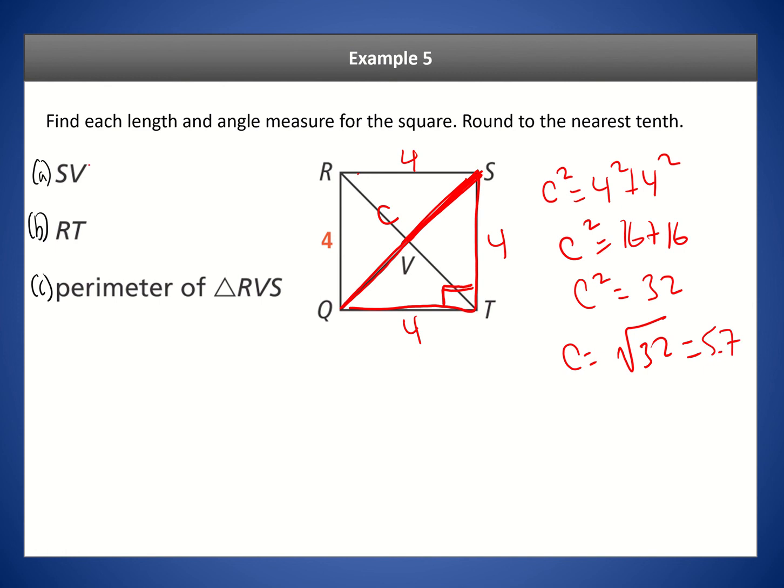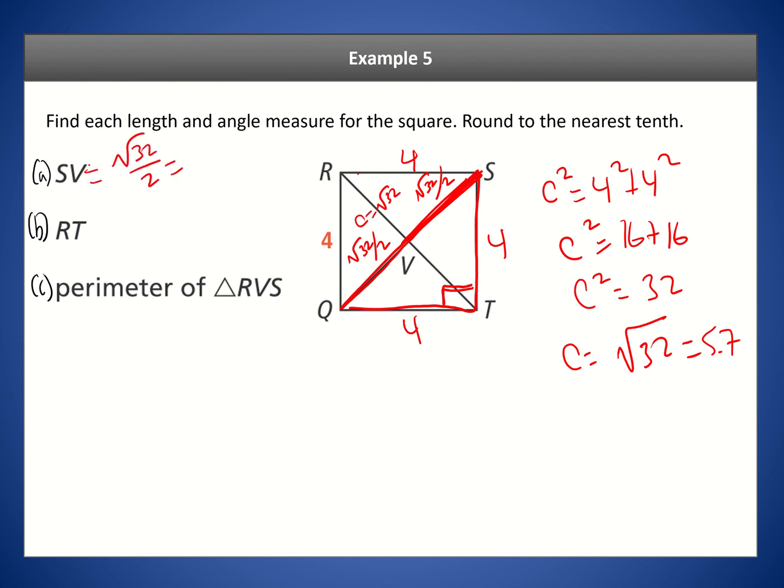Now, because we have to take half of this, the whole thing is square root of 32, which means that this right here is half of square root of 32, and this here is half of square root of 32. So SV is half of it.